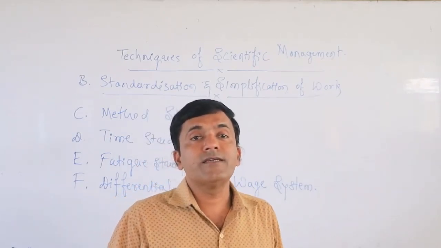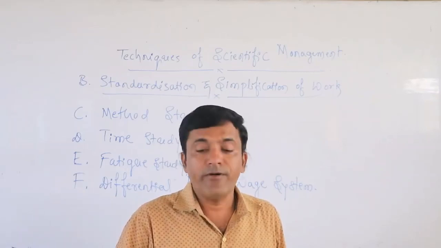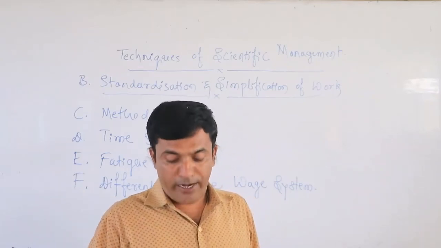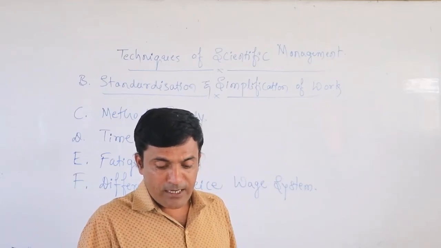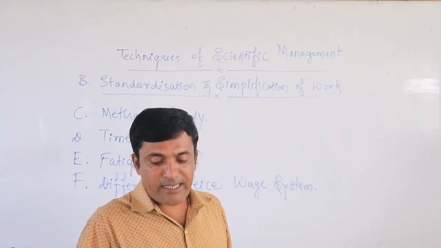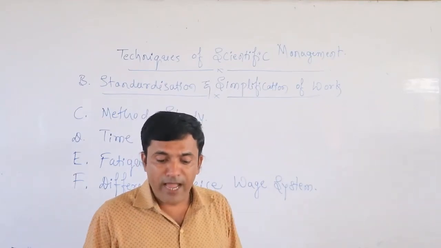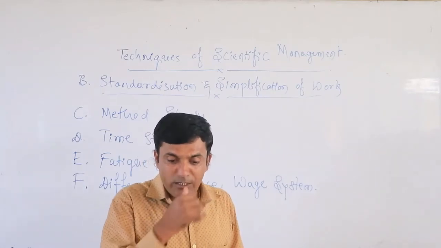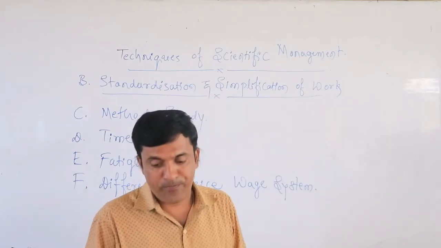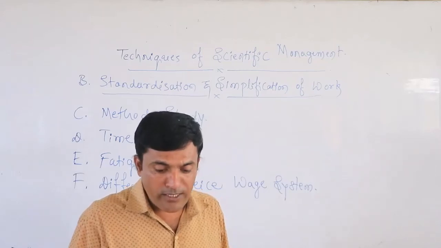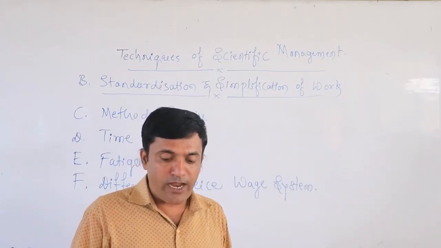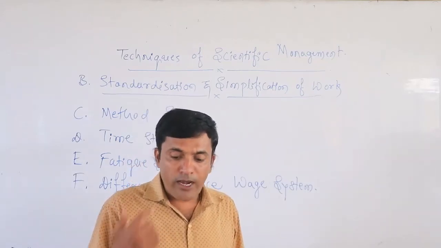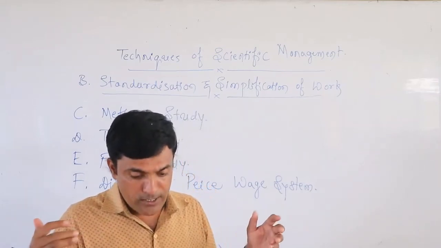Or else we need to give the low rate. First a standard task is established with the aid of time and motion study. Then two rates are established: higher when standard output is produced and lower when the standard is not met.